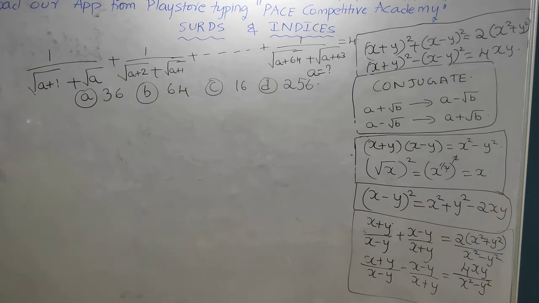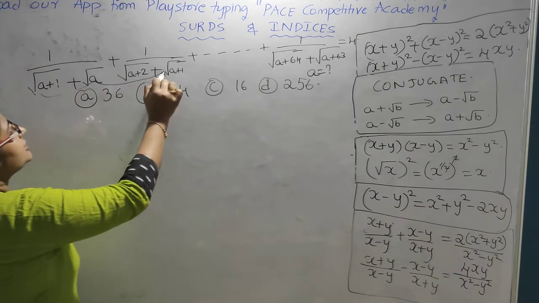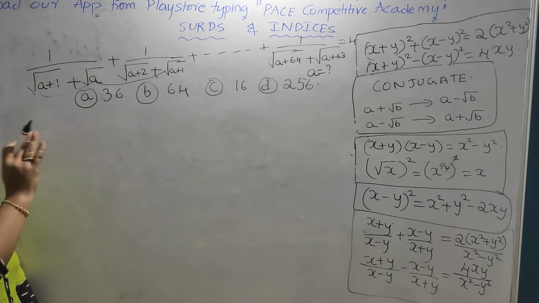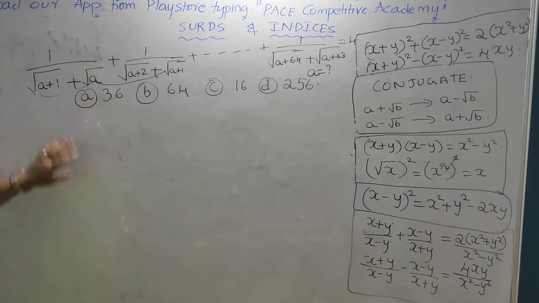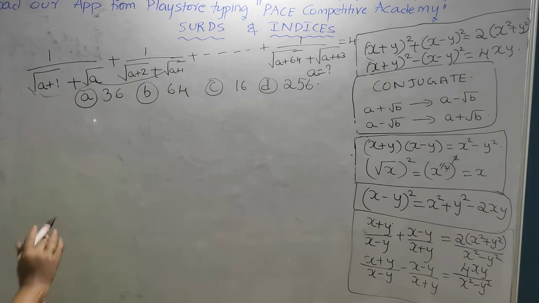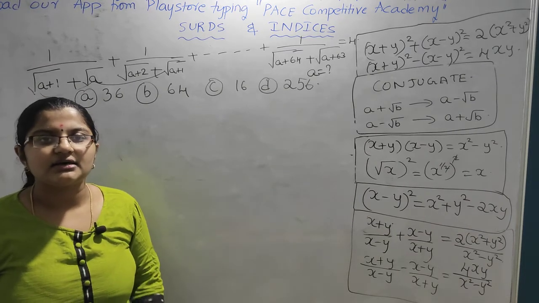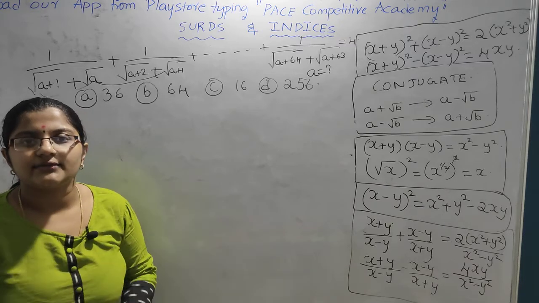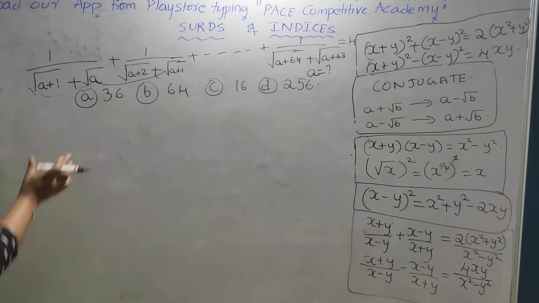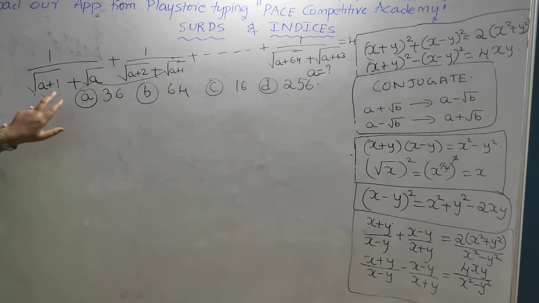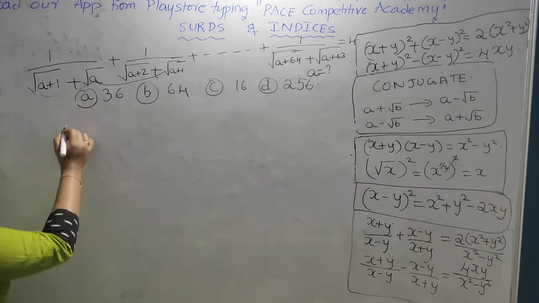Okay. So let me take the first two terms in the series and solve those two terms. We will see the resultant value, and then by using that resultant value we can estimate the answer to the entire question. So from the first term, if you rationalize it, what will you get?